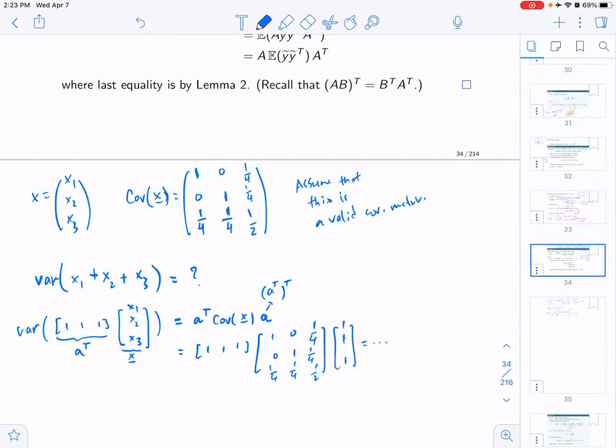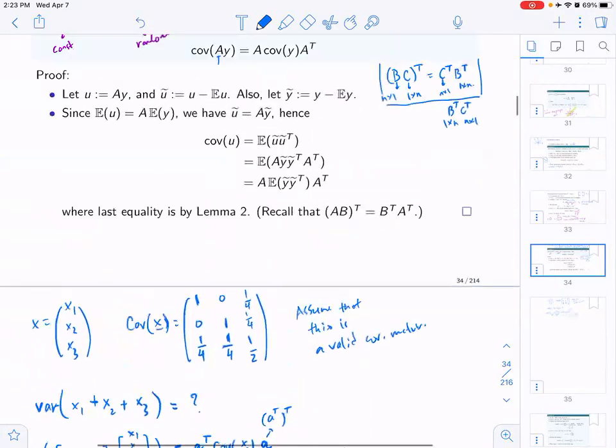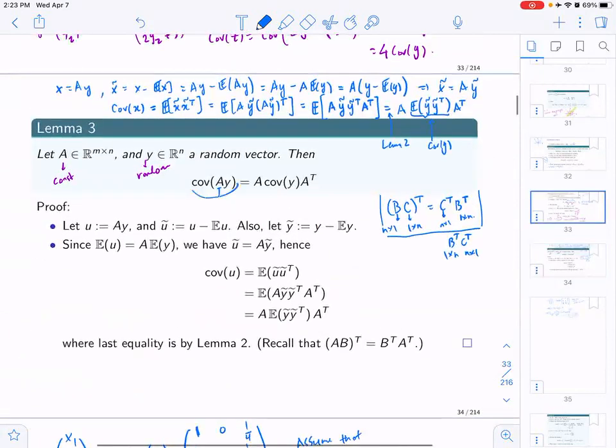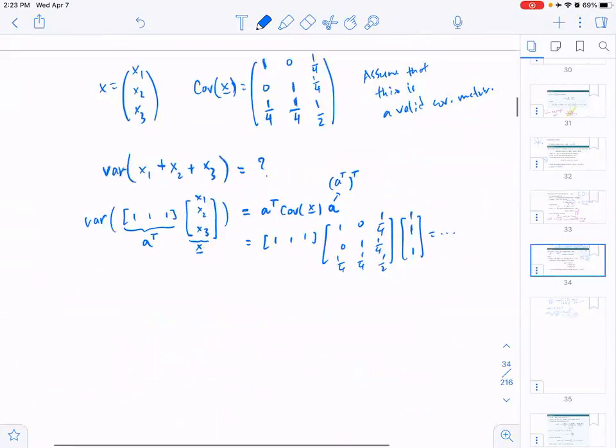So let me ask you a question. This is about covariance matrices, and here I'm asking for the variance. So how did you conclude that we can use that result?